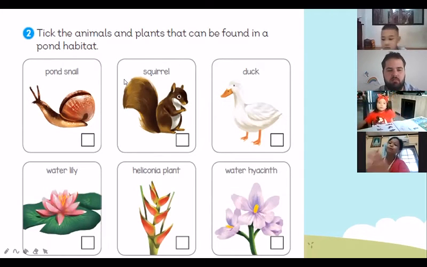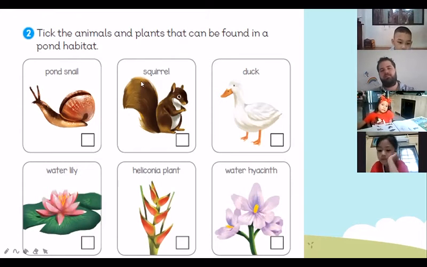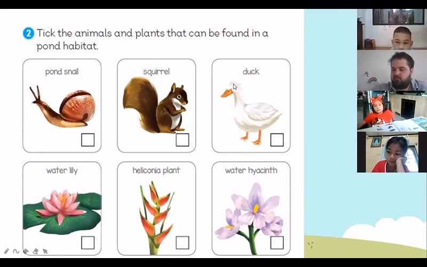Where does the squirrel live? Lives in a tree. Next we have our duck. Where does our duck live? Lives in the pond or near the pond.